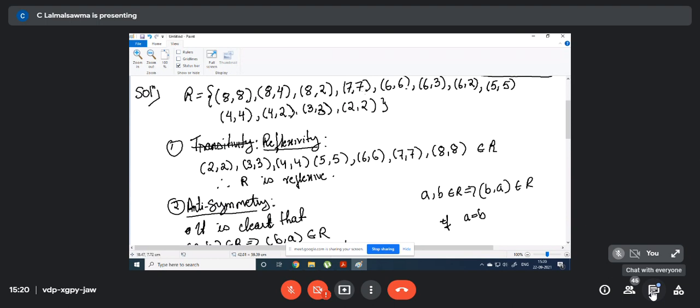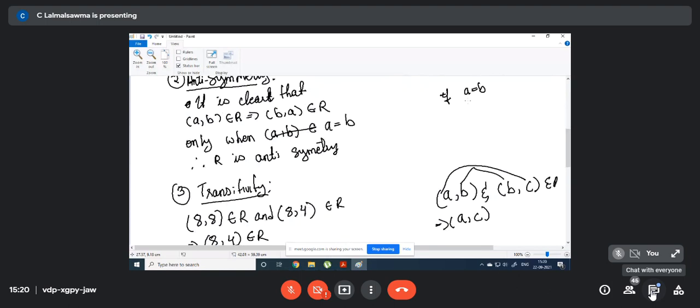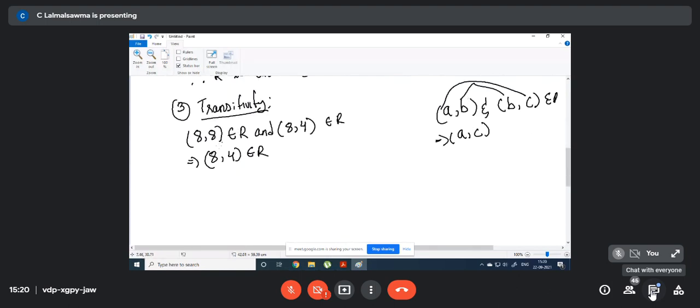Okay, there is no other element like this. Only, okay, I think it is clear now. Let's not try another.